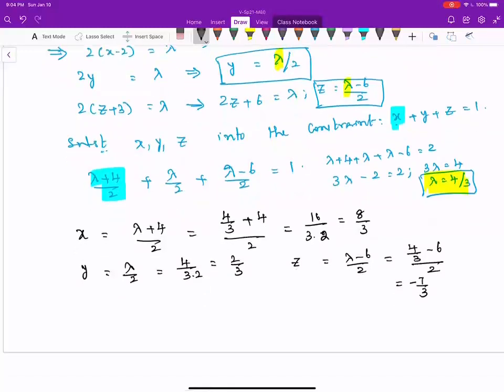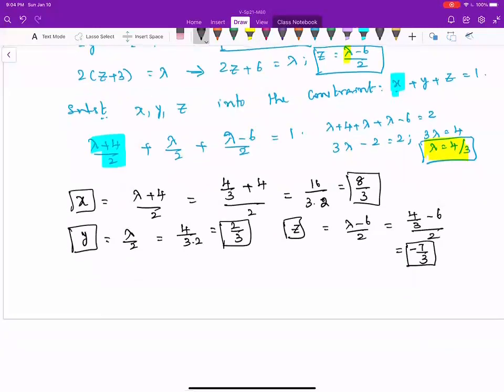So we get x, y, and z. So we got x, y, and z.